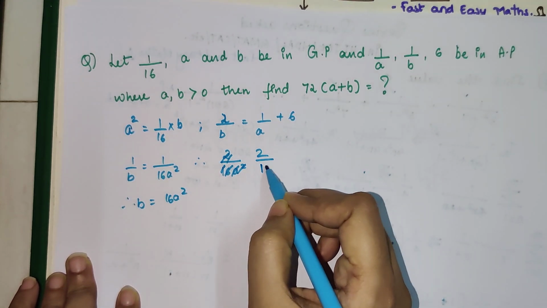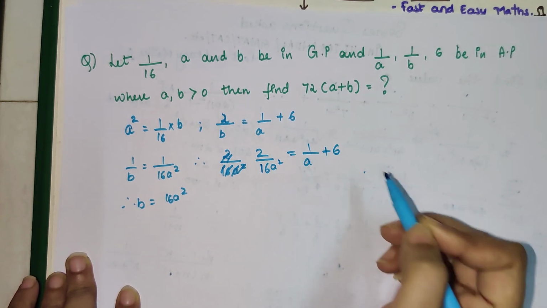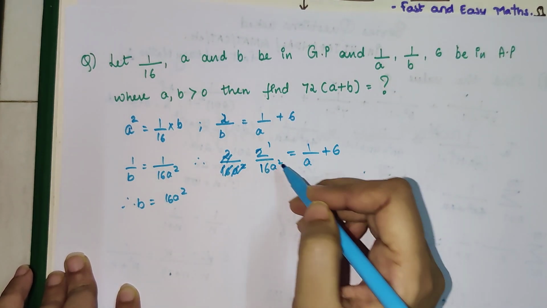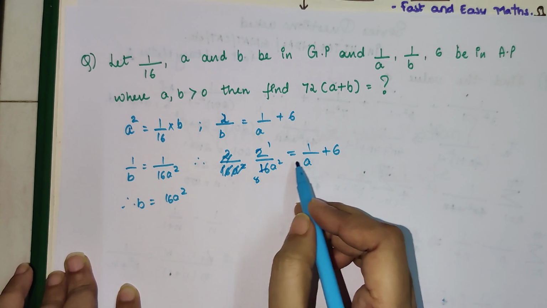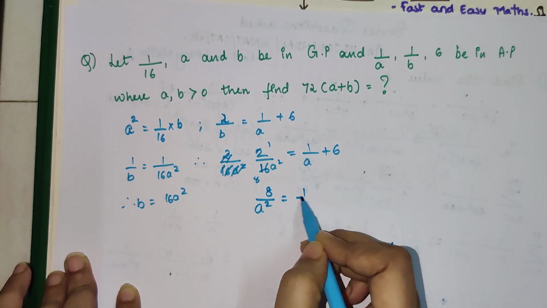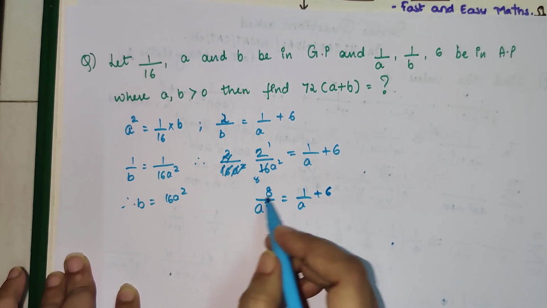So this is 2 times 16a square is equals to 1 upon a plus 6. Okay, so this is getting cancelled, this becomes 8. So I can take 8 upon a square is equals to 1 upon a plus 6. Let's do this.